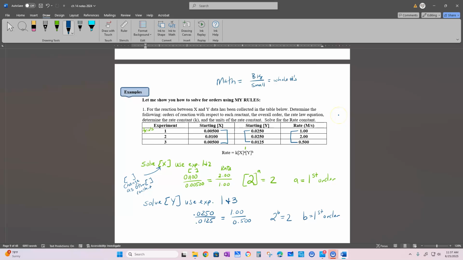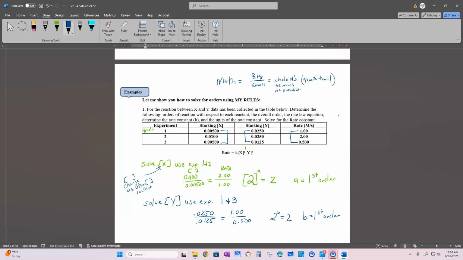Okay? We're not looking for decimals or fractions. So I'm going to say whole numbers as much as possible. Okay, but you could get a decimal. We just want a number that is greater than 1. Okay, that's the key to it. We don't want a number that's less than 1.